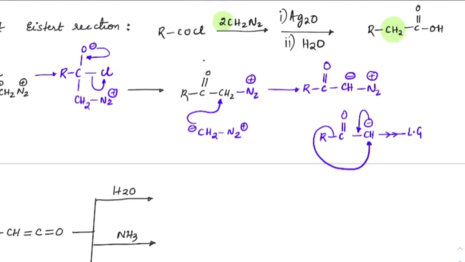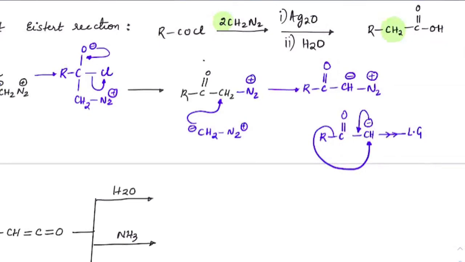This is called Wolff rearrangement. The requirements: there should be some leaving group which is withdrawing, and this carbon should have some negative charge on it. Then R will shift from here. Even if you have hydrogen, hydrogen will also shift. Any alkyl group will shift towards this carbon, and it will make a double bond formation here.